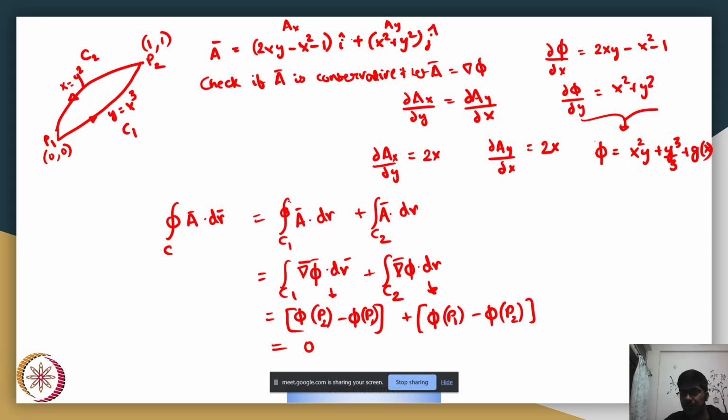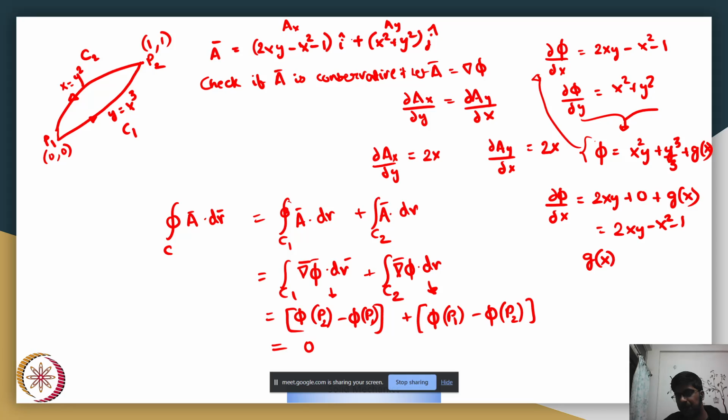Now I put this potential function in the first equation to get dou phi by dou x is nothing but 2xy plus 0 plus dou g by dou x. It should be equal to 2xy minus x square minus 1.